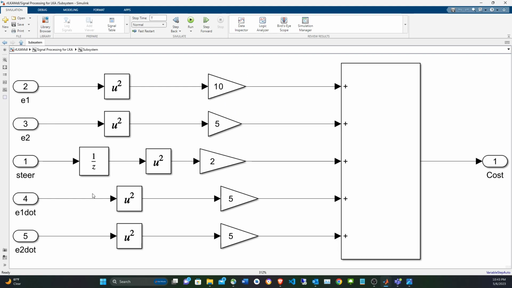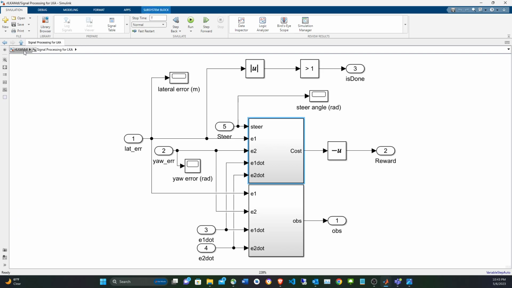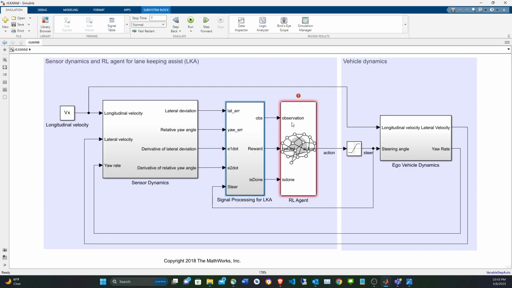That's why you have this. And of course you want to move the wheel as little as possible, so you have a penalty for that as well. Okay, so that's your reward, and the reward is fed to the agent plus the observation and the terminal signal. So now that we gave this overview of the model, of the environment, let's create the environment and the agent to do the actual reinforcement learning.